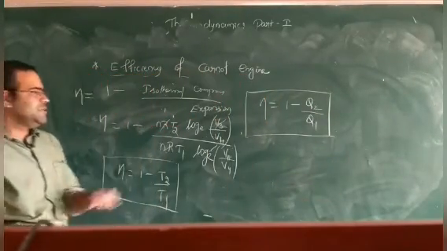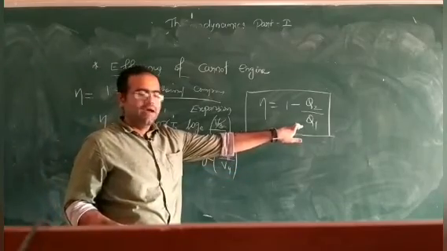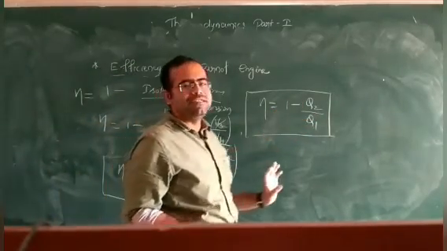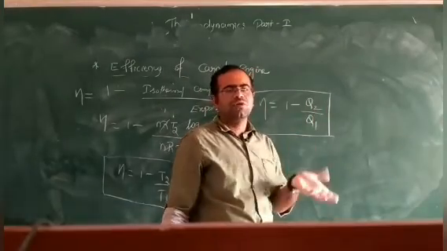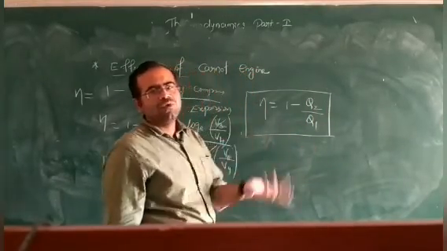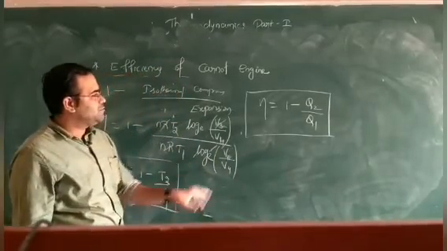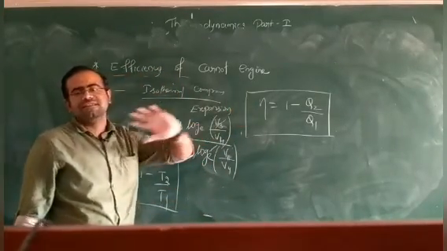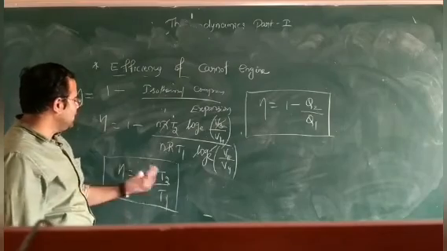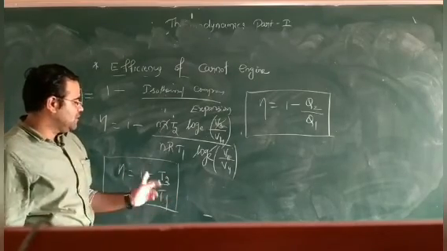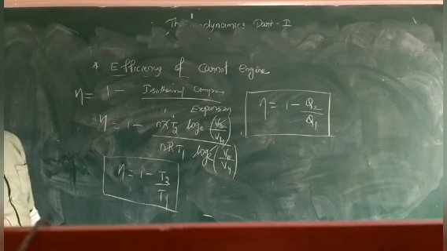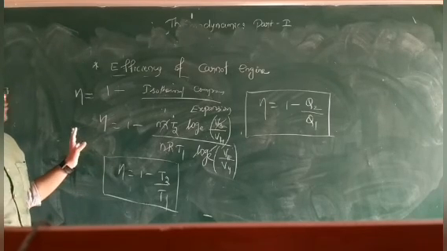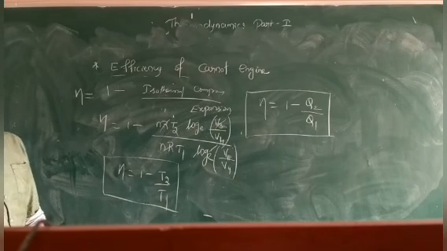The heat energy provided is given by Q1, and the heat energy liberated is given by Q2. ಎಷ್ಟು amount of heat energy provide ಮಾಡಿರಿ, ಎಷ್ಟು liberate ಆಗಿದೆ, ಆ ಬೇಸ್ ಮೇಲೆ ನಾವು efficiency of a Carnot engine ಕ್ಯಾಲ್ಕುಲೇಟ್ ಮಾಡಬಹುದು. ಇಲ್ಲ ಅಂತಂದ್ರೆ based on the temperature. So that is given by eta is equal to 1 minus T2 divided by T1. So this is the equation corresponding to the efficiency of a Carnot engine.